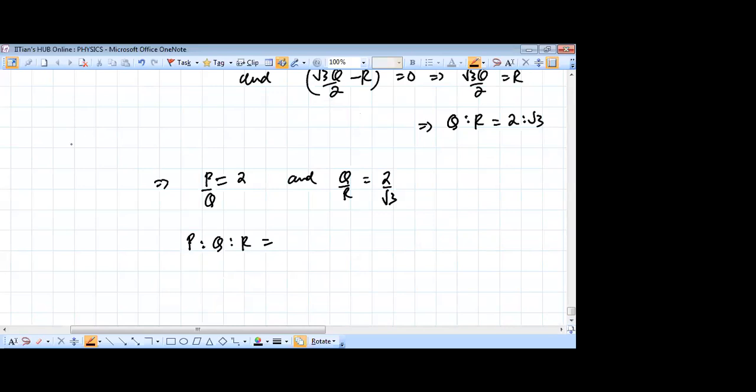So you can see that Q is equal to P by 2. Okay. And you can see from here R is equal to root 3 by 2 Q. That means it's equal to root 3 by 2 into half of P.